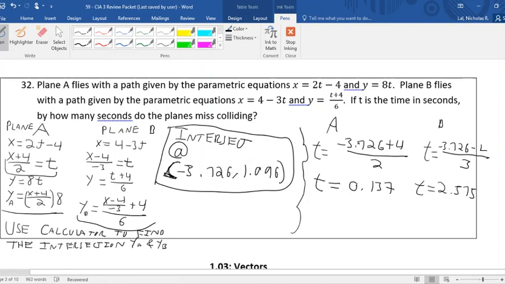So this will find the different times that the planes pass the intersection of their flight paths.